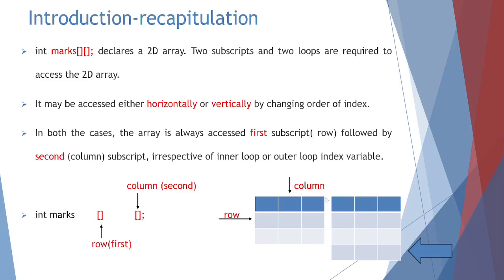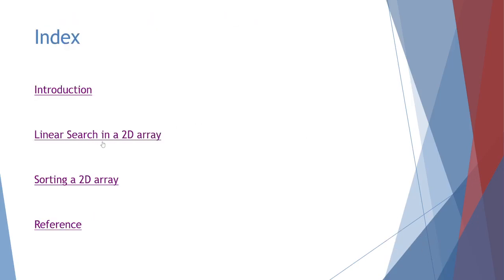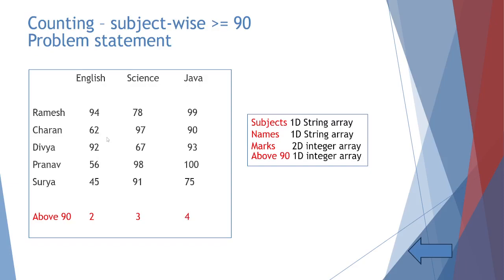We will see the example right now with the help of linear search in a two-dimensional array. The problem statement is like this: English, Science, Java. These are the 3 subjects and 5 students are there. And then 5 students' marks in 3 subjects, which is a 2D array with 15 elements.